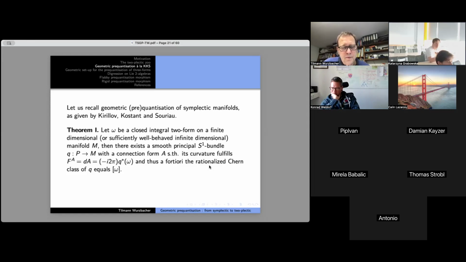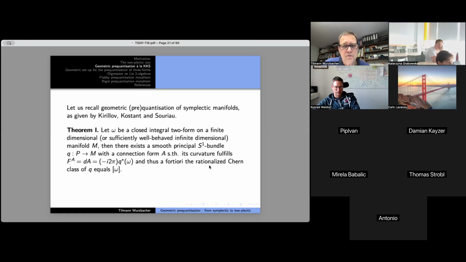On a finite dimensional manifold or on an infinite dimensional manifold, if you have smooth partitions of unity, this can happen. I'm not interested in this. Well, okay, I'm interested in it, but you need something like smooth partitions of unity to do it also in infinite dimensions. Okay, you have this form. Then there exists a smooth principal S1 bundle P over M with a connection form.